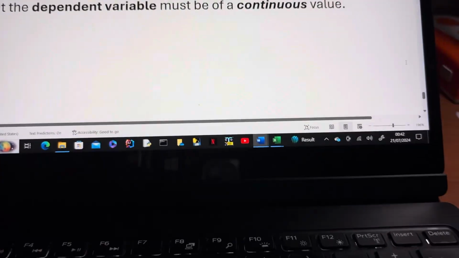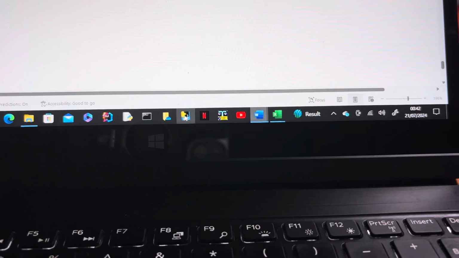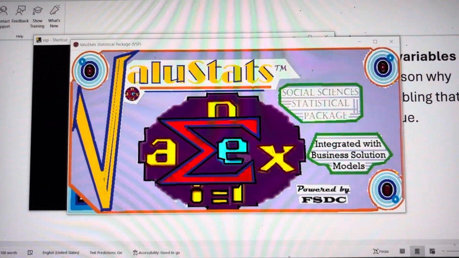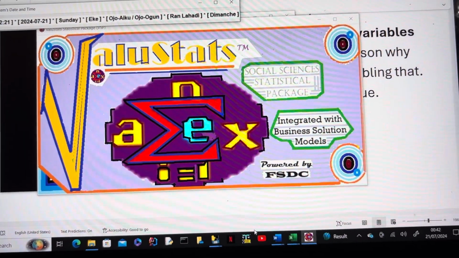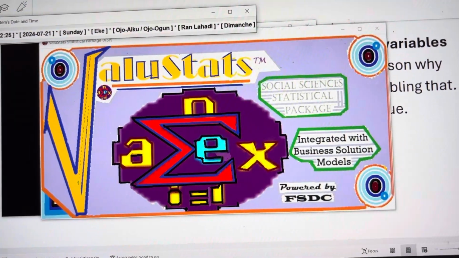Now let us start the VSP. We are starting the VSP. So we now want to run the 3 examples and see how they pan out.